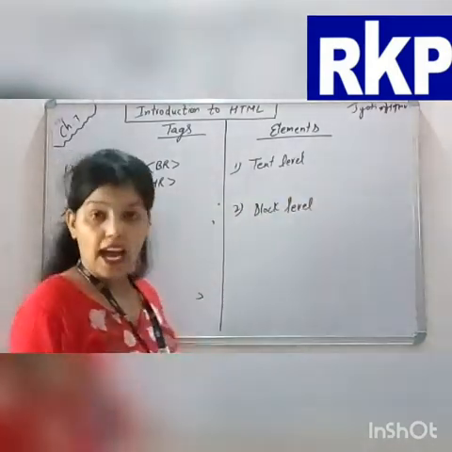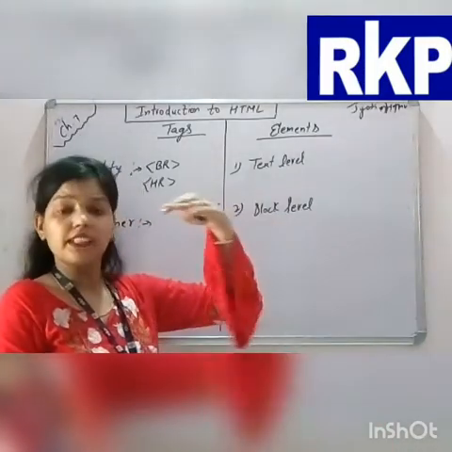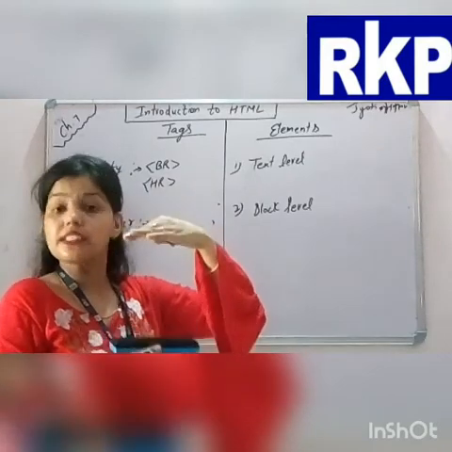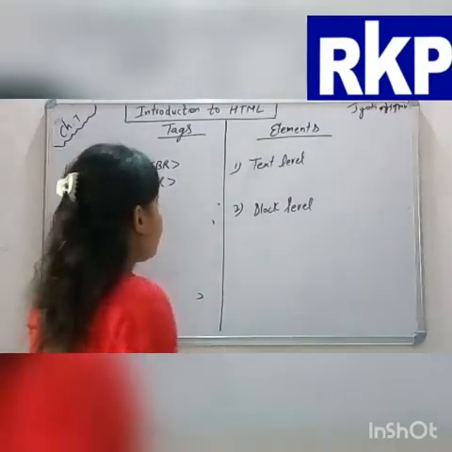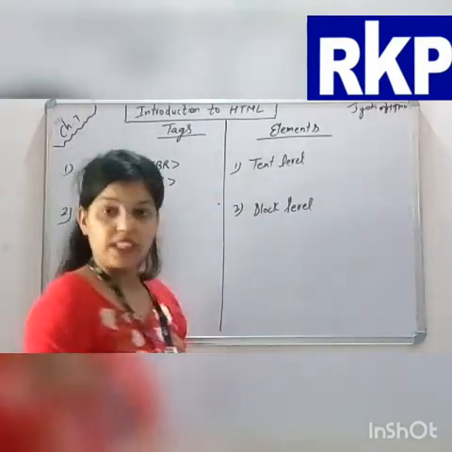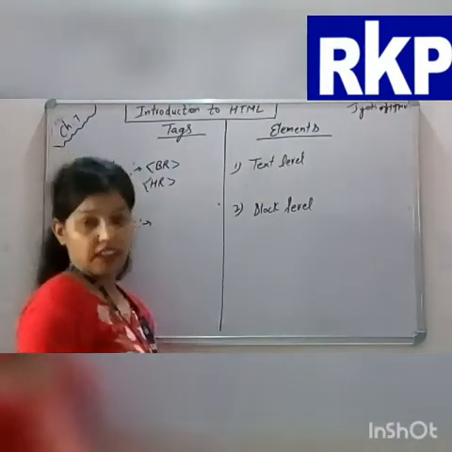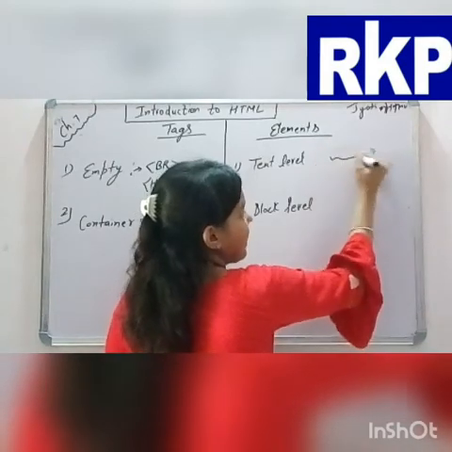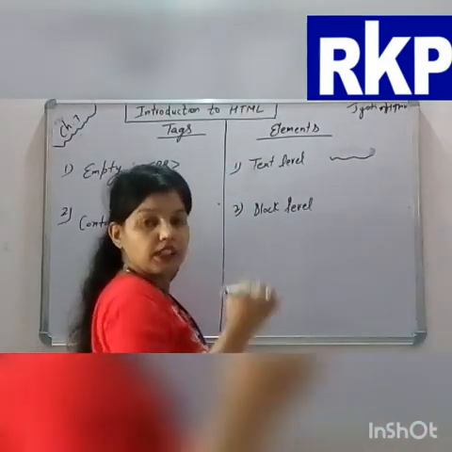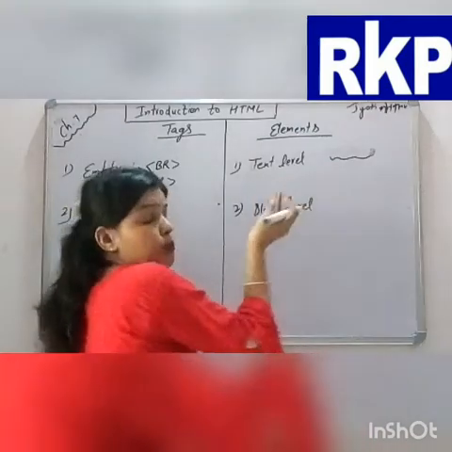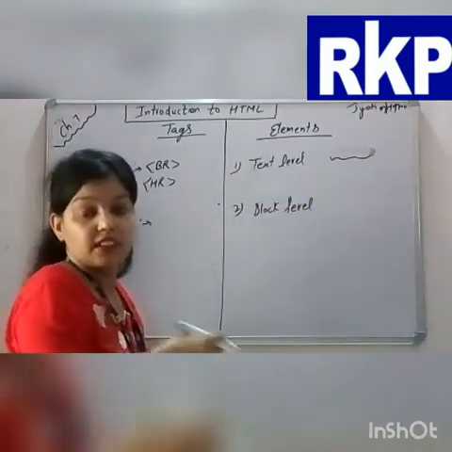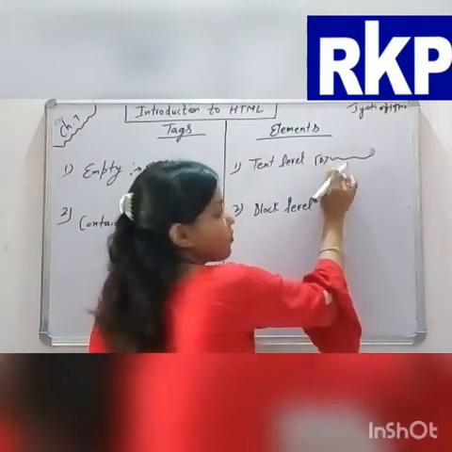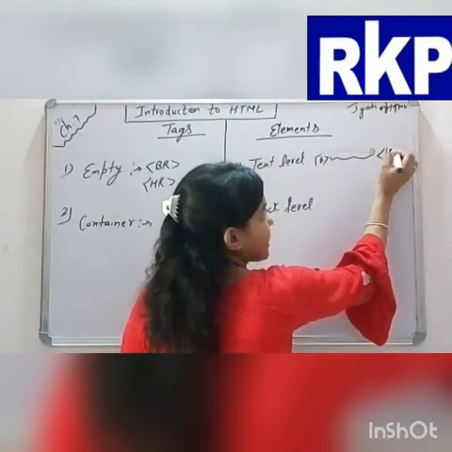Now come to elements. Elements means the complete tag structure. We have two types of elements, text level and block level. If you want to write a single line and you want to make it bold, you can use bold before it and close the bold after it.